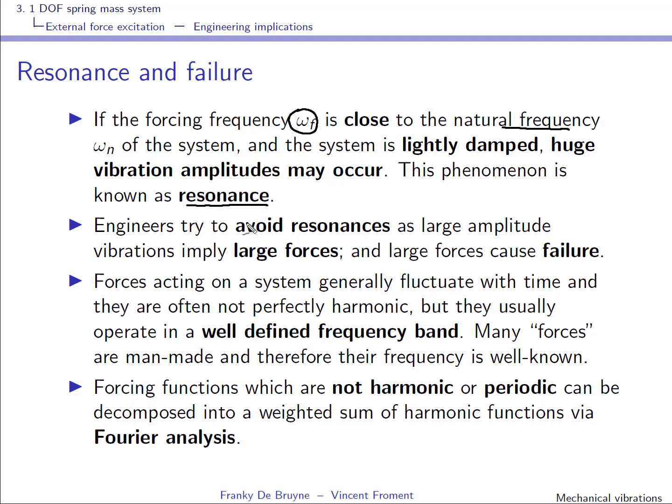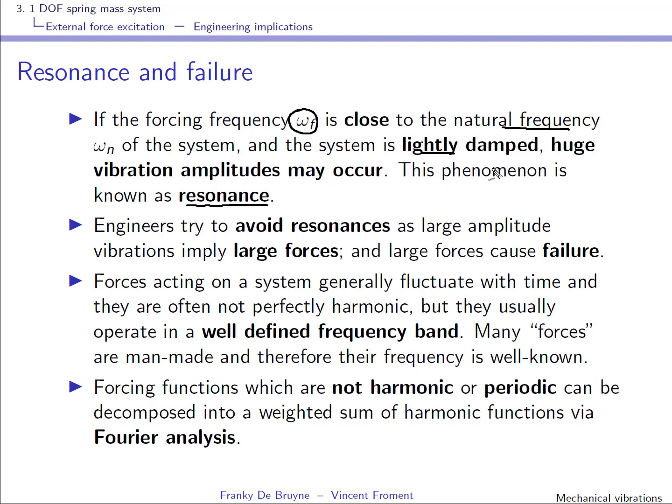Okay, and the vibration amplitudes will be high, and they will be even higher if your system is lightly damped, that is, if zeta is small. Engineers try to avoid resonances because vibrations with large amplitude imply large forces, and large forces cause failure and damage, right?